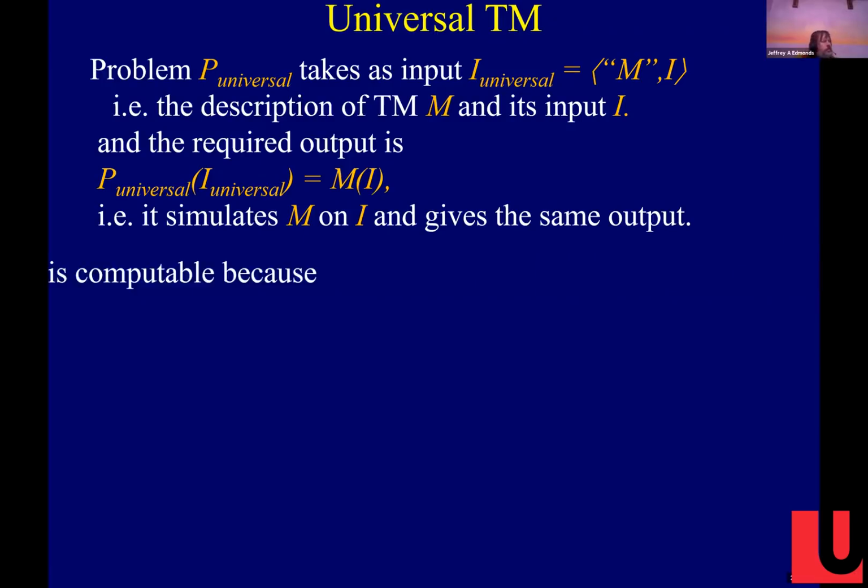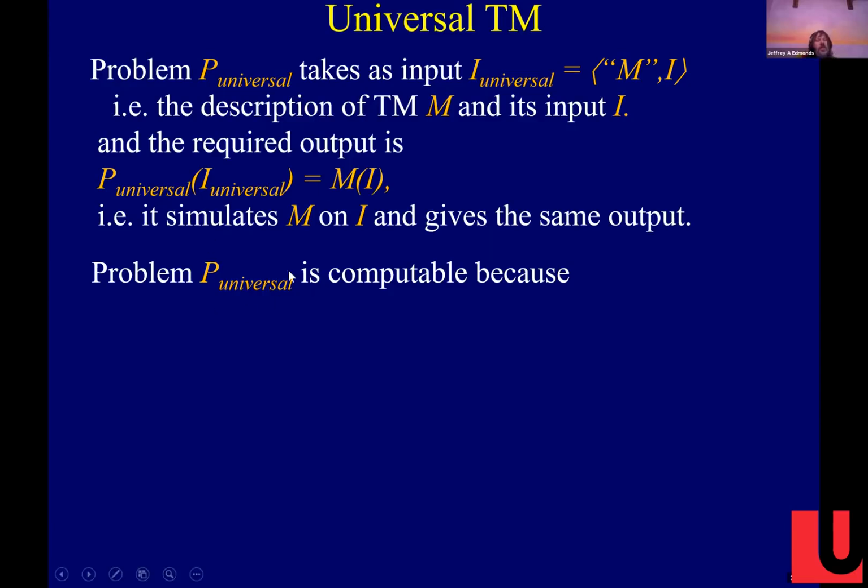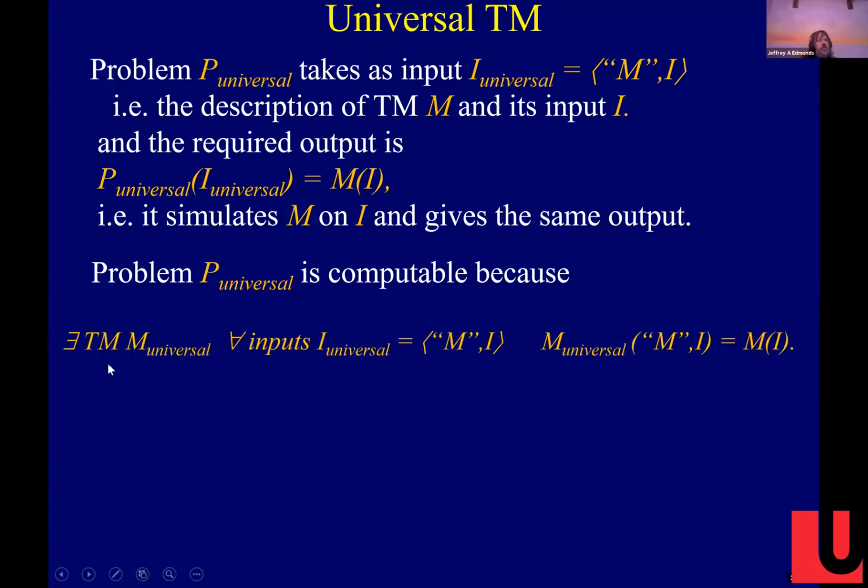All right. So now, why is it computable? It's computable because there exists a Turing machine that solves the problem, right? We can name one Turing machine, call it M universal. It's a Turing machine, right?